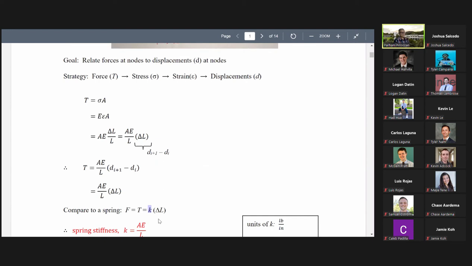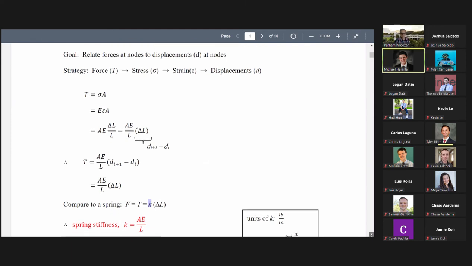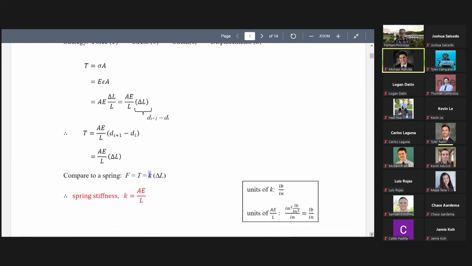Tell me what you get for AE over L. Yeah, force over distance. Does anyone else agree with your friend or not? Yeah, force over displacement. Yep, agreed. Same thing. Okay, yes, you're right.